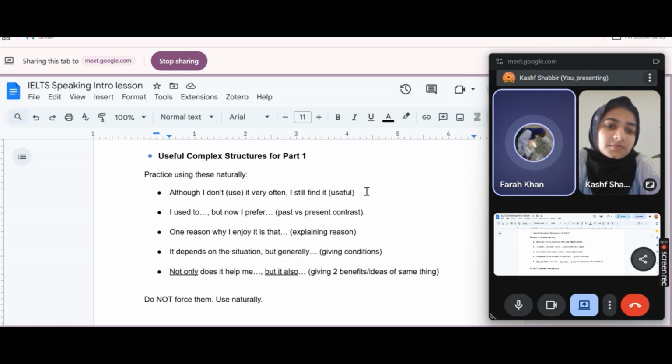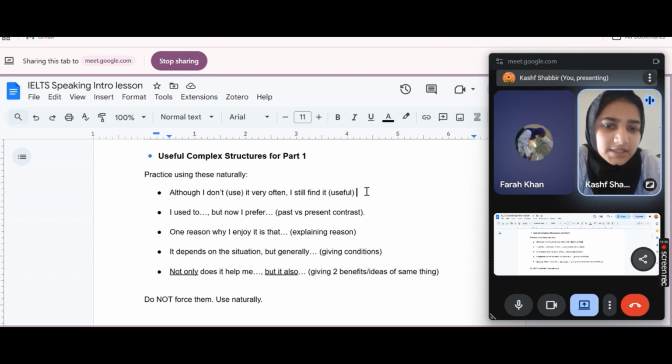Then it is very useful to conserve time and yet buy things which are necessary and which I want to buy. Okay, that's good. Just a bit elongated.